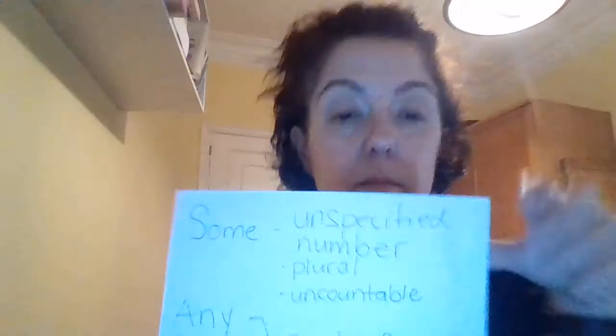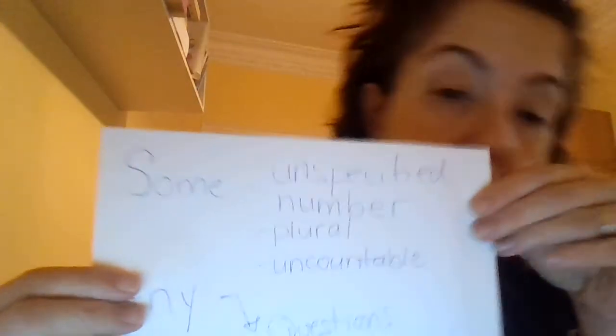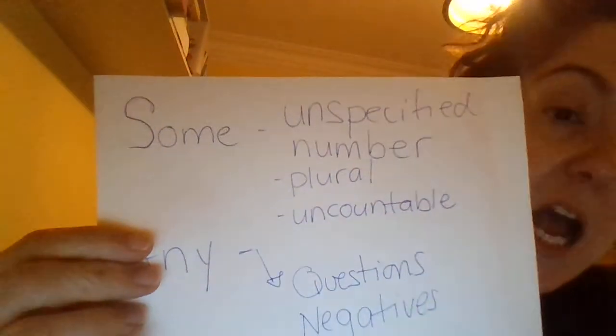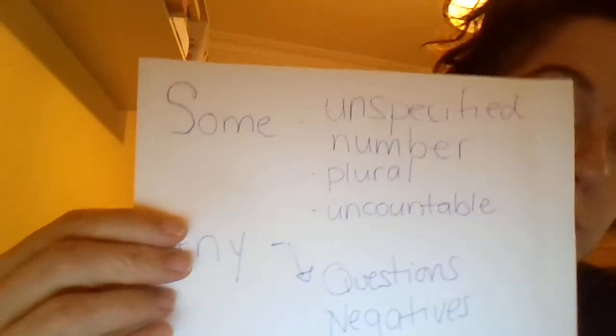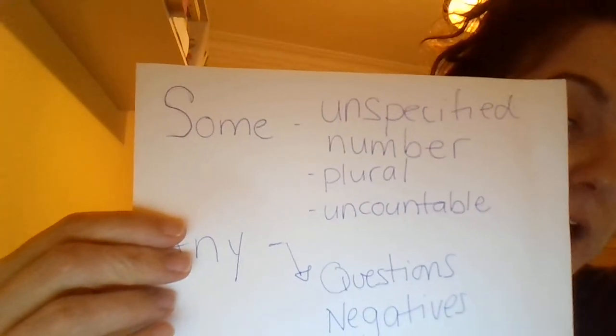Then the next question, when do we use some and when do we use any? So look at the sentences. There are some cups. There aren't any glasses. Does she have any clothes? So what do you notice? There are some cups. We use some when it's an unspecified number. We don't know how many there are.